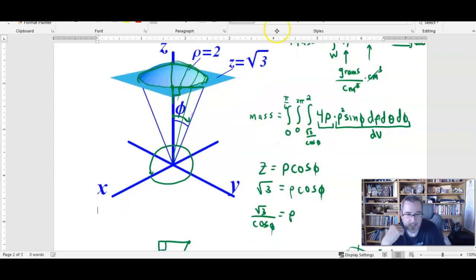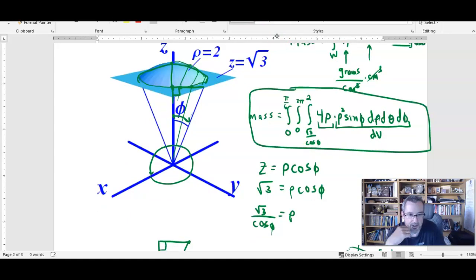Now let me just highlight this, because this was the goal of this whole operation, to set up this integral. Highlight number 1: dV in spherical coordinates is rho squared sine phi d rho d theta d phi. Unit analysis: density in grams per cubic centimeter times cubic centimeters gives you mass in grams.